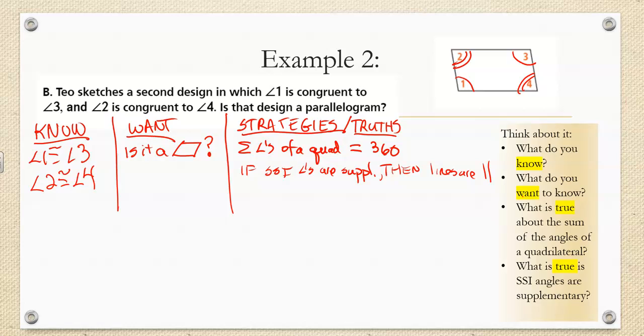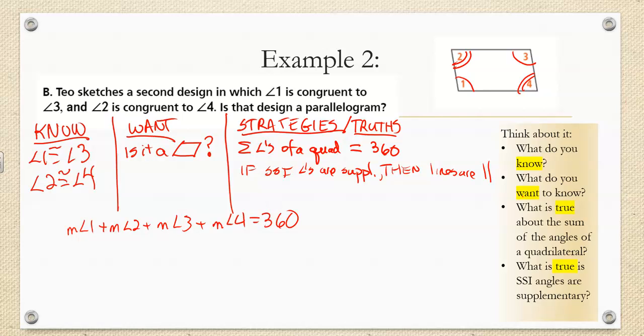Well, I wonder if I can somehow put these ideas together and show that this is a parallelogram. Well, the sum of the angles. So the measure of angle 1 plus the measure of angle 2 plus the measure of angle 3 plus the measure of angle 4 equals 180. No, 360, sorry.